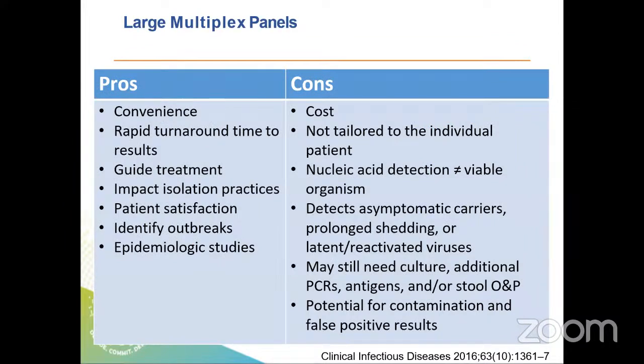So as I come towards the end, if you look at the pros and cons, yes, the pros are convenience, rapid turnaround time to results, guiding treatment, as I've said, targeted therapy within 1 hour, for example, impact on isolation practices, and patient satisfaction.